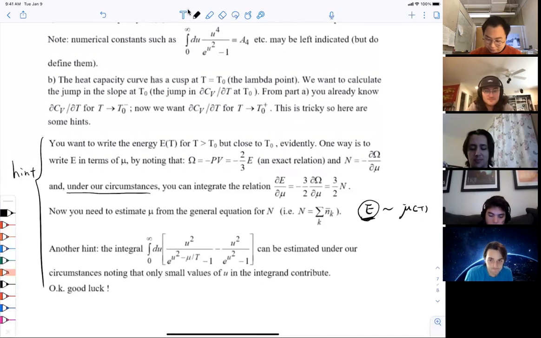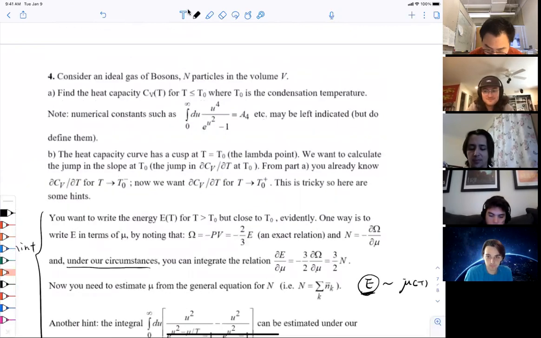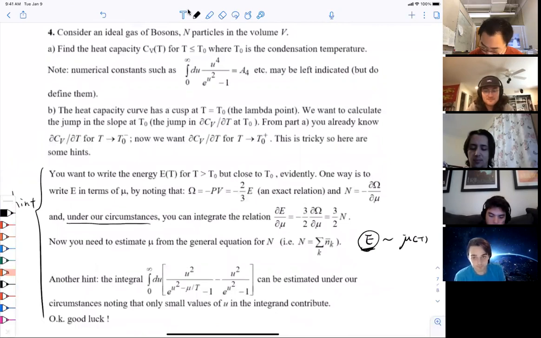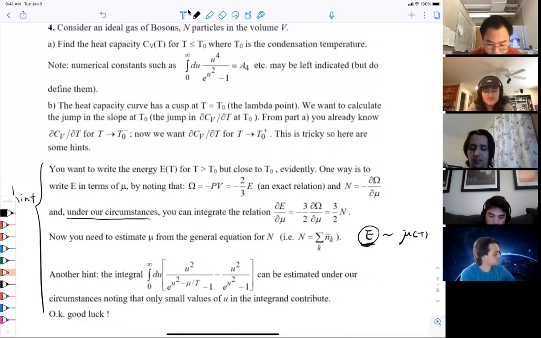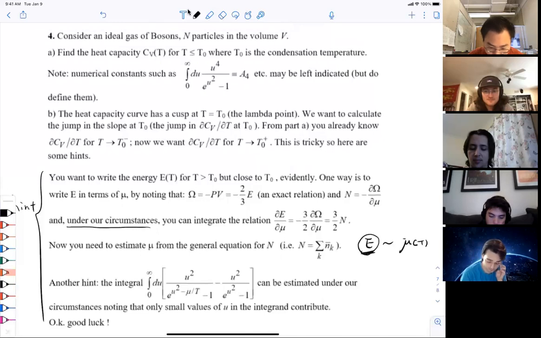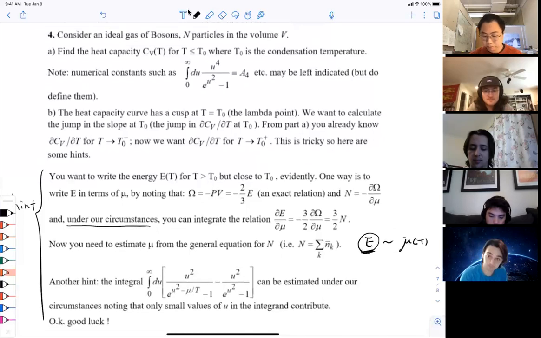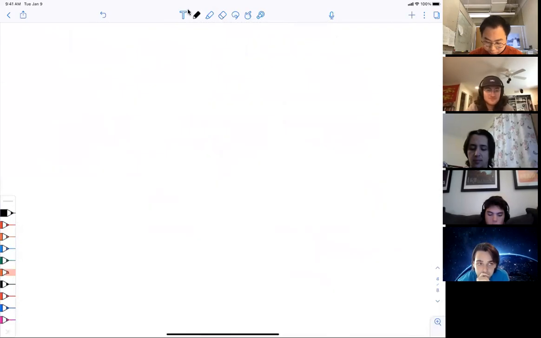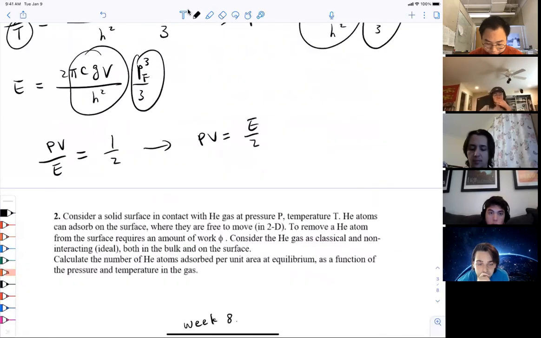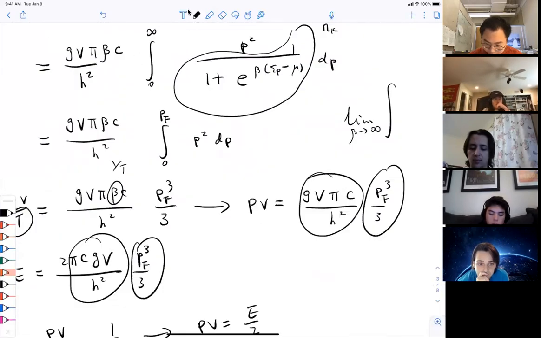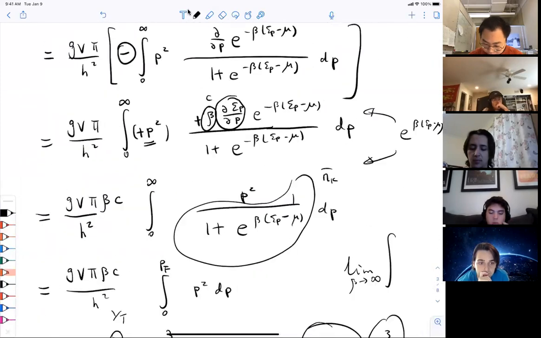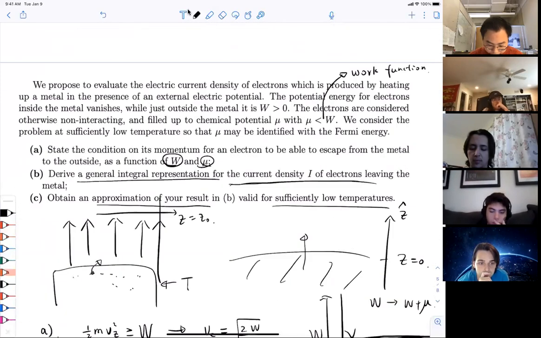Okay, maybe it's a good idea to just sketch how we solve this problem. I will post the note on CCLE, so you can take a look if you're interested in this problem. As you can see this kind of distribution, there are several Fermi gas problems and also boson gas.